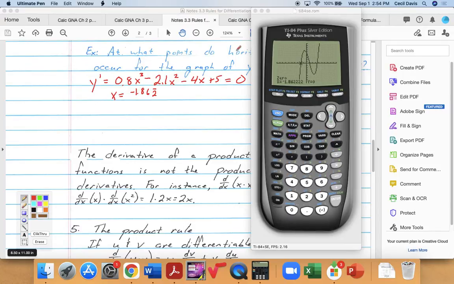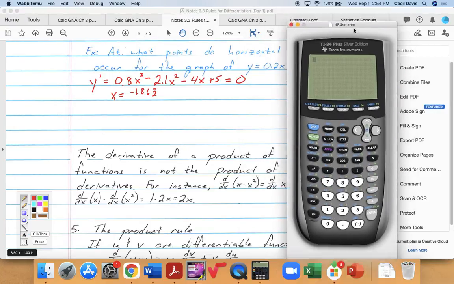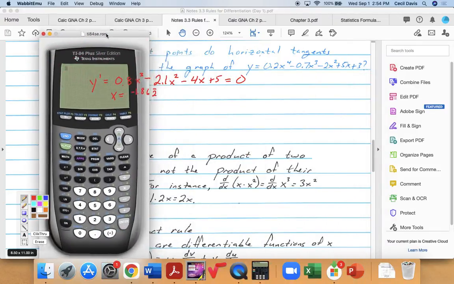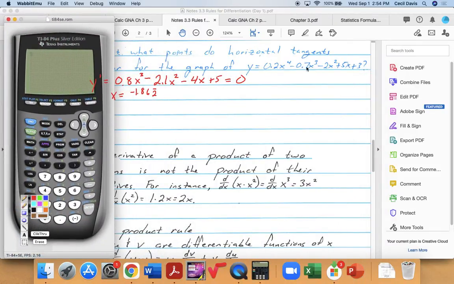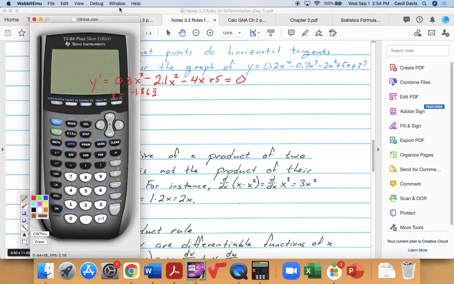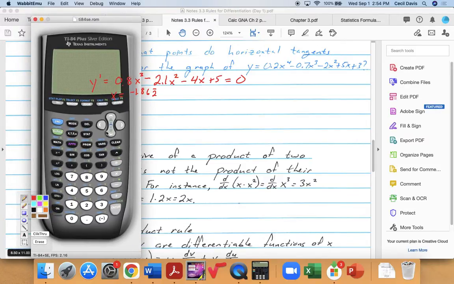Notice it asked me for the points, didn't it? So that means we should probably give both the x-coordinate and the y-coordinate. So I'm going to quit out of this, and I want the y-coordinate for this. Remember that your calculator still has that x value in its head.